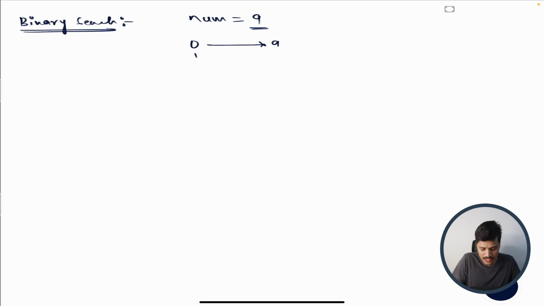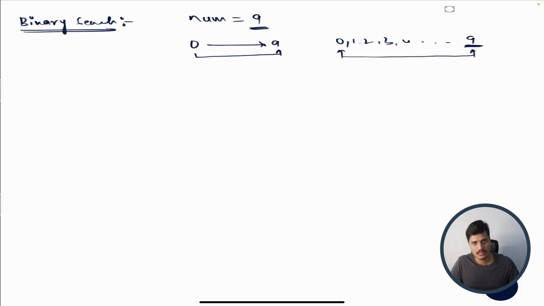All the values from 0 to 9 are 0, 1, 2, 3, 4 till 9. I am taking 9 because that is the number that we have gotten. All these values are sorted in ascending order, right? That means we can apply the binary searching technique in that range. So we will initialize the start with 0 and end with the given number itself.